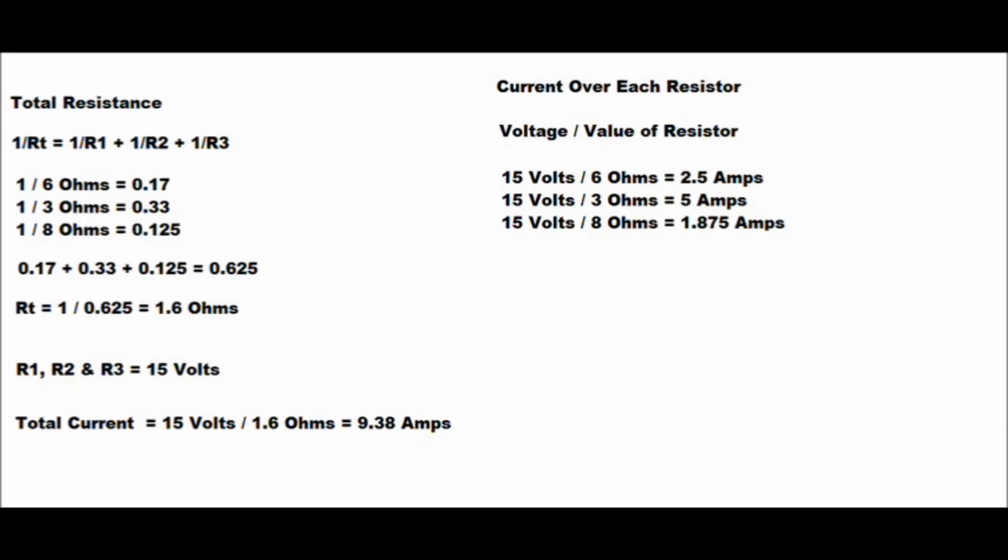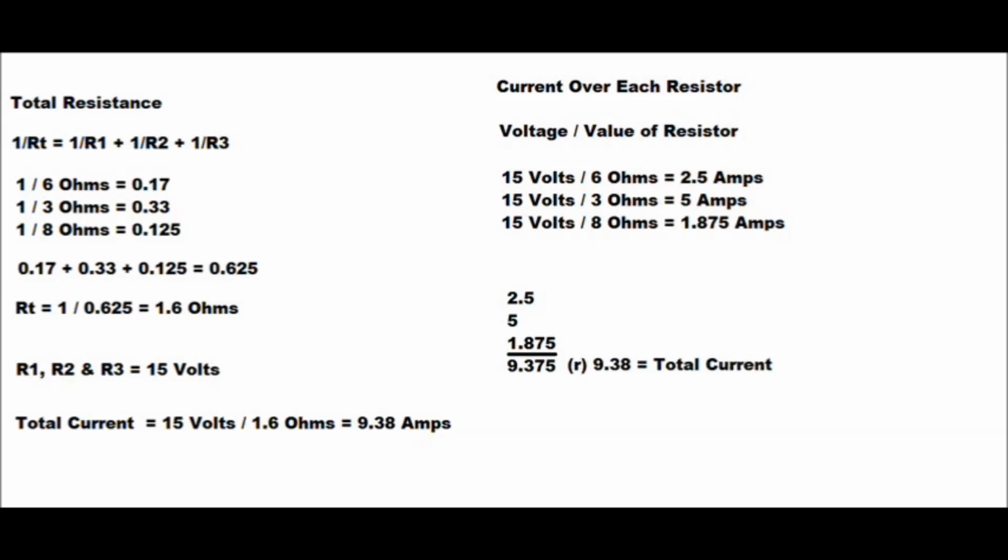If we add these totals together, we should reach the same figure we calculated earlier for the total current from the power supply. So 2.5 plus 5 plus 1.875 equals 9.375. We round this figure up to 9.38 amps.